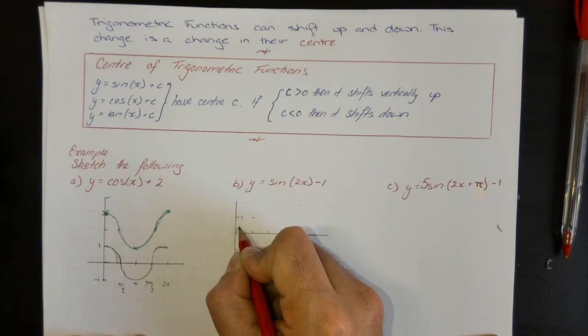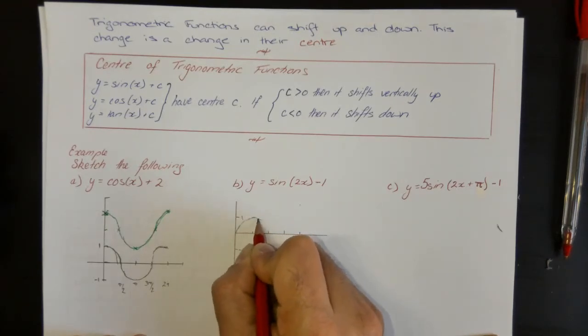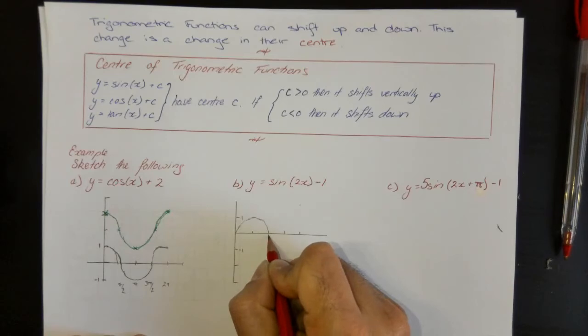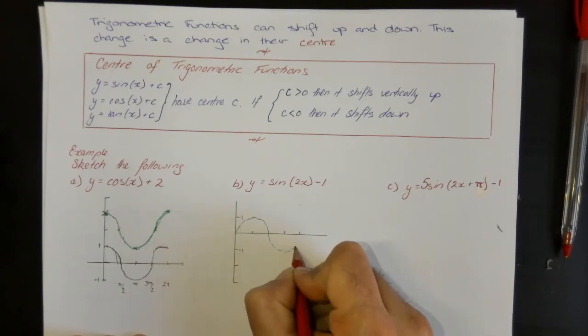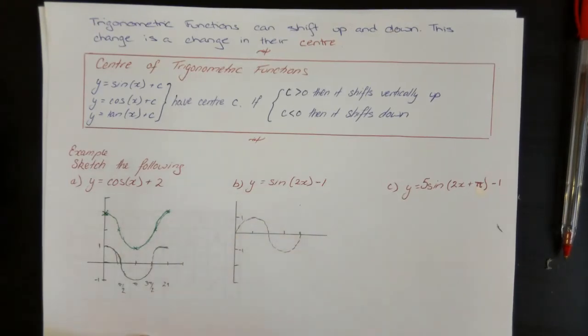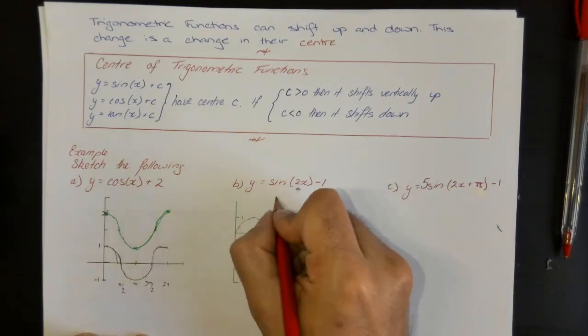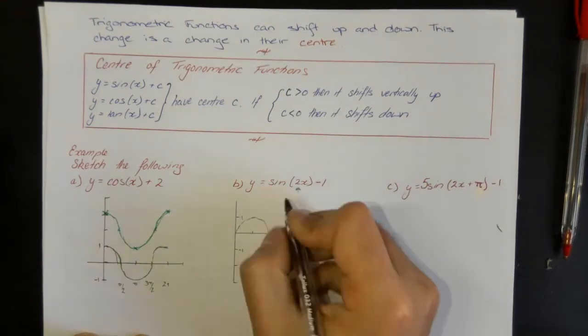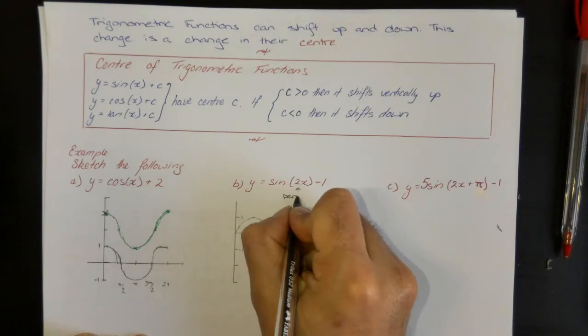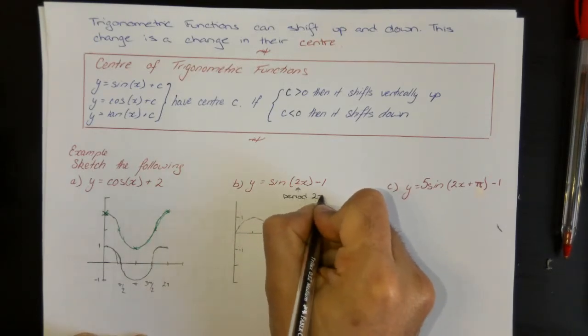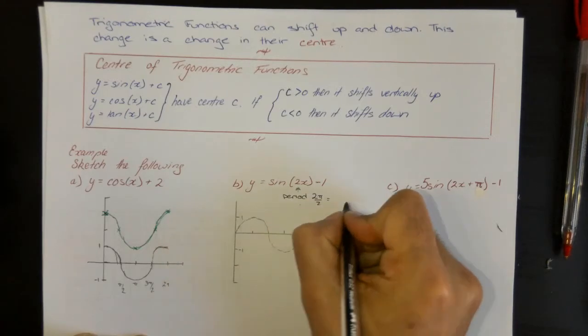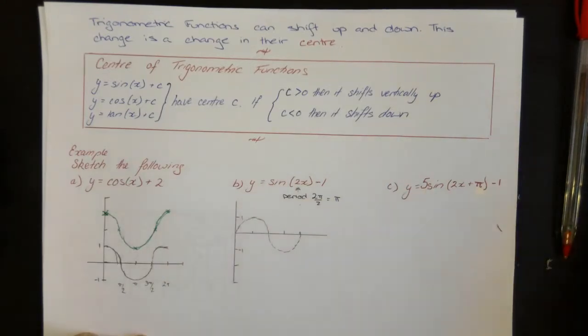Okay, here is our normal sine curve. Notice the first thing we're going to have to do is change the period. So the period now becomes 2 pi over 2, which is just pi.